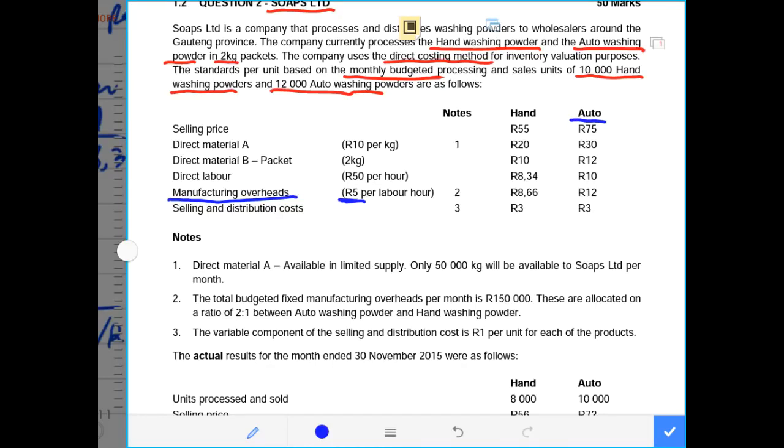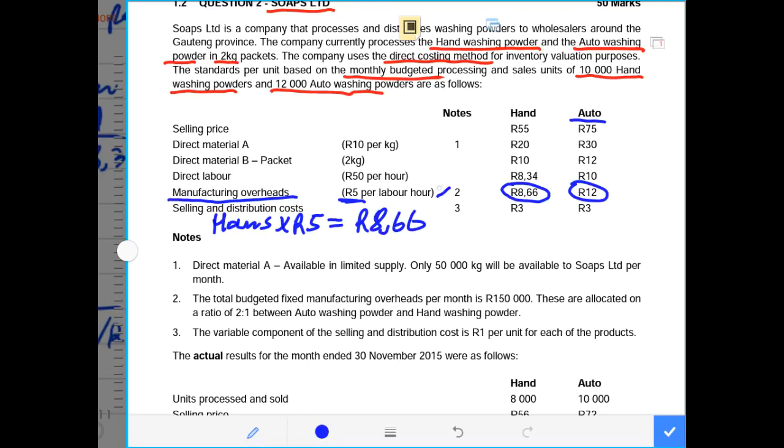The same principle applies. To get to this 8 rand 66 cents, we would have said hours times the rate per hour, which is 5 rand per hour. That is how we calculated that.